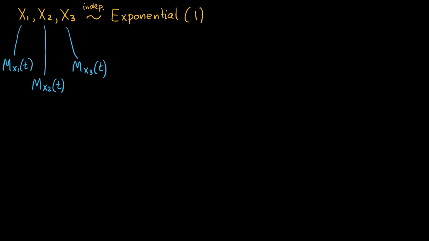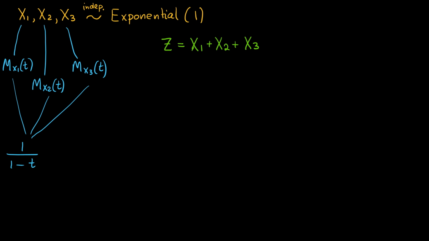In each of these cases, the moment generating function we've shown to be 1 over 1 minus t. Now suppose that our work has us examine the sum of these three random variables, x1 plus x2 plus x3, and we need to know what the distribution of z is.